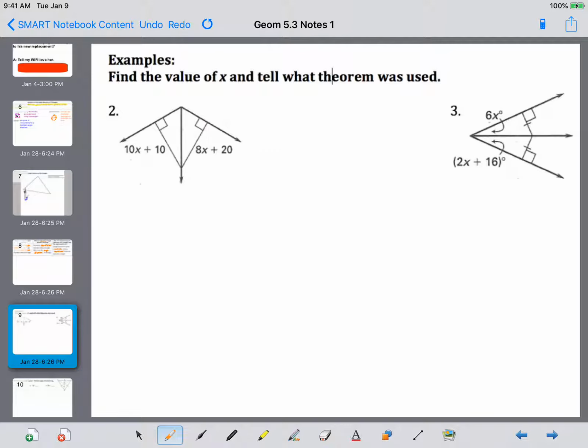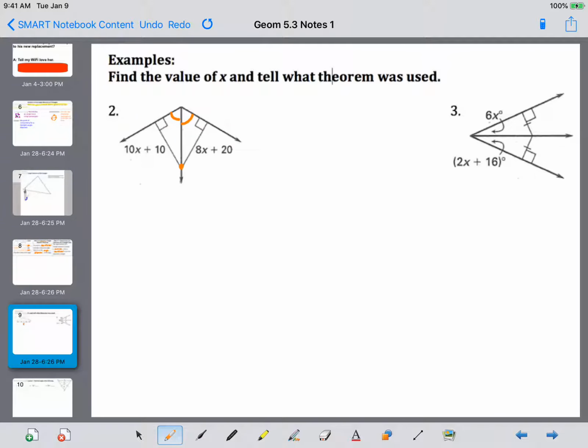First of all, you can see that this point is on the angle bisector. So we actually need to know this angle is the same as this angle, which was not given to us, but it should be, so go ahead and put those 2 arcs there.